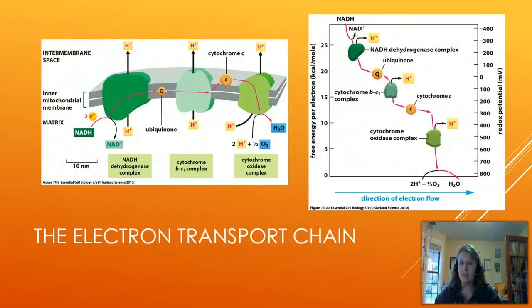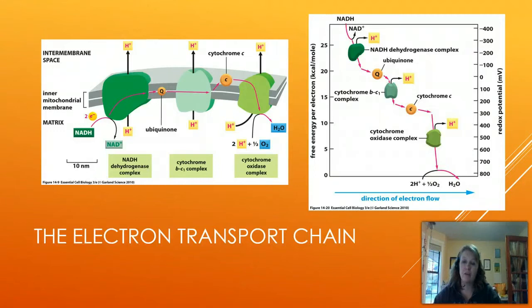That's going to shuttle the electron over to the cytochrome bc1 complex, where once again the electrons are going to be shuffled around within the protein and have that redox potential taken and have a little bit of that energy released from those electrons. The electrons are then going to be passed to cytochrome c, where they will then be shuttled to the final protein in the system, which is the cytochrome oxidase complex.